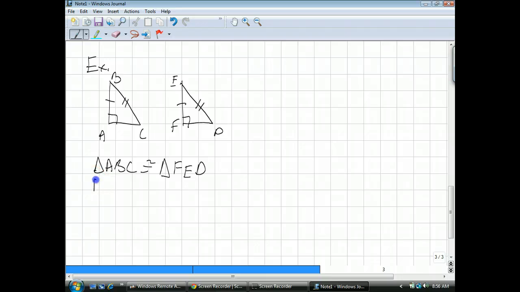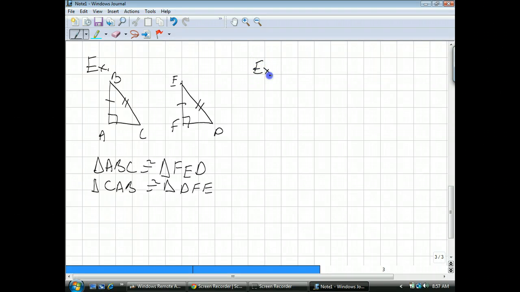I could also say triangle CAB is congruent to triangle DFE. Okay? Because those are the vertices that match up.